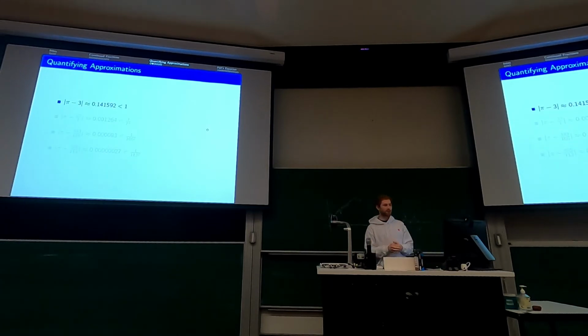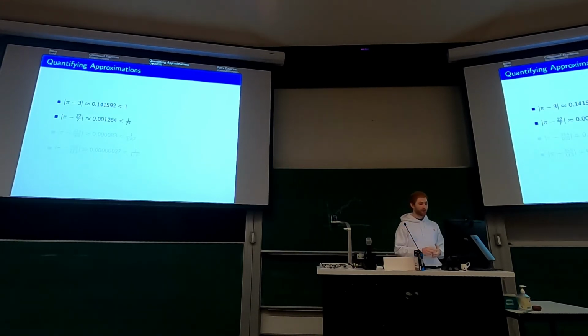Let's compare the convergents of pi to pi itself. The distance between pi and 3 is 0.14, of course, which is a lot less than 1, which is the denominator. Say pi and 22 over 7: the distance is this guy, which all we care about is that it's less than 1 over 7 squared, which you'll notice is a lot less than 1 over 2 times 7.